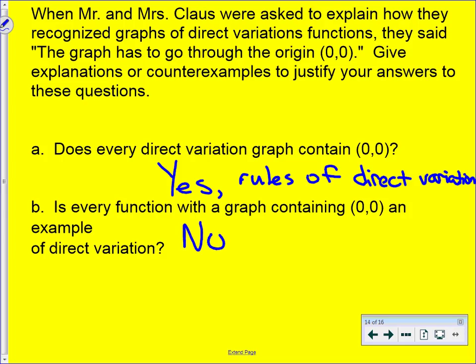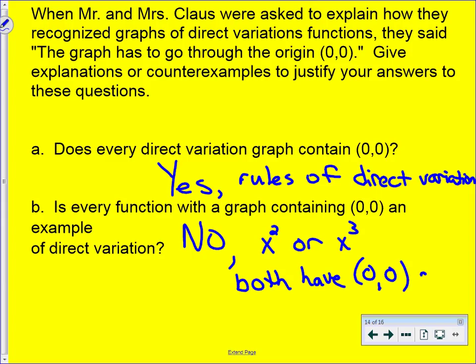So the answer to this is no. Our counterexample could be y equals x squared or y equals x to the third. Both of these have the point 0, 0 in them, and they don't make up a line. They don't form anything in your y equals mx plus b.